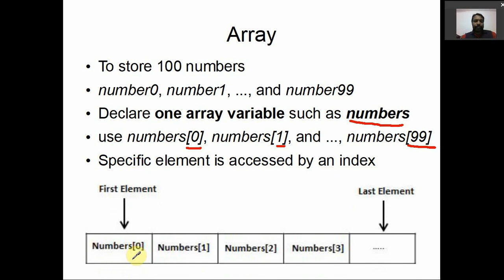So arrays will be like this: the first element will be numbers[0], then numbers[1], then numbers[2], numbers[3], like that. If it is a 100-number array, the last element will be numbers[99].